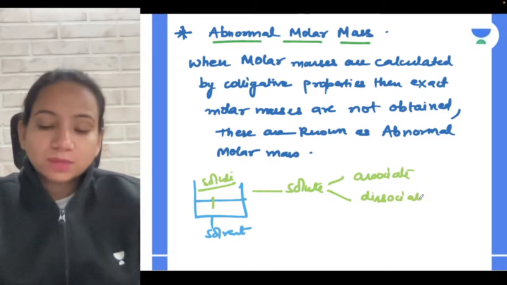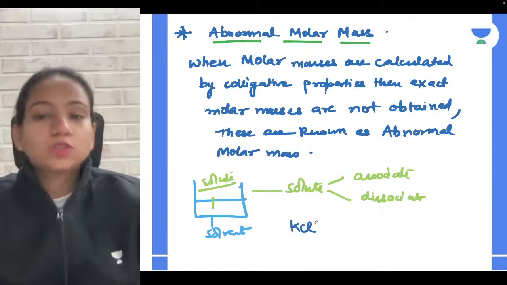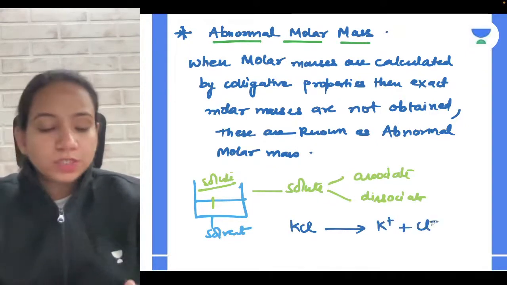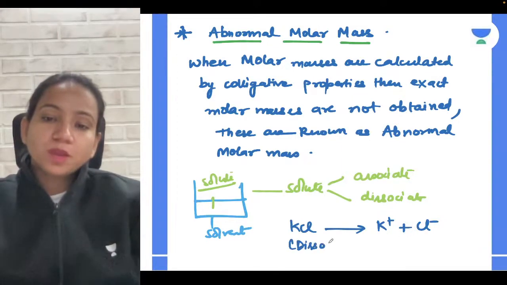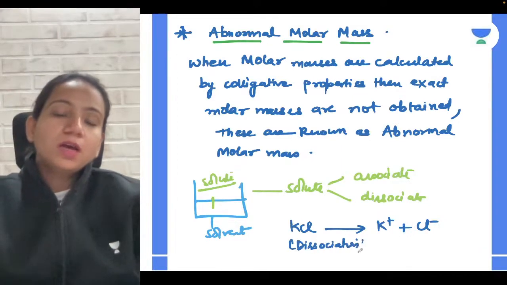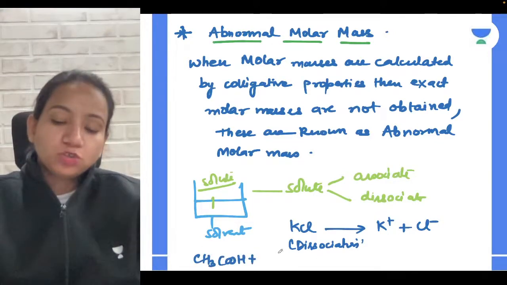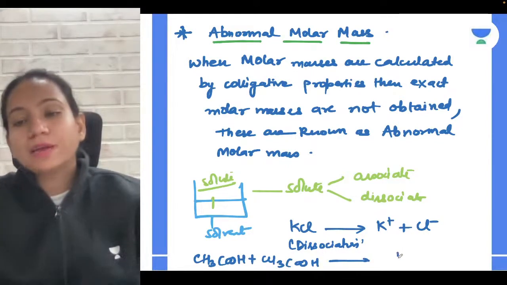What do you mean by that? Suppose you have taken KCl as a solute. KCl will dissociate, and if you take it in water, it will dissociate into K plus and Cl minus ions. While suppose you have acetic acid, CH3COOH. Two molecules are going to associate together and form a dimer.